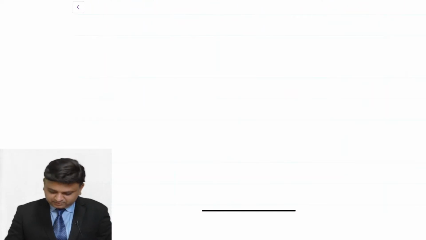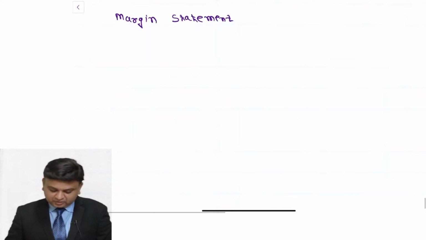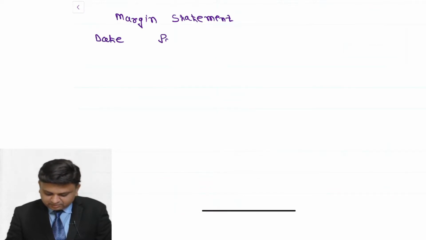Write this down. Margin statement. In that, column number 1 is date, column number 2 is particulars, column number 3 is amount.